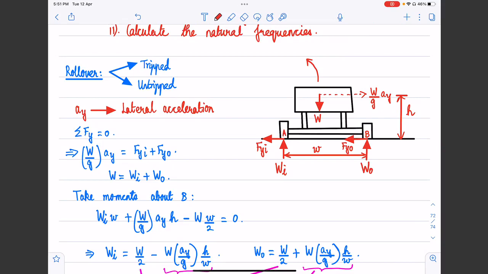This T by 2H ratio is very commonly used, but I wanted to convey that this particular ratio is obtained under these approximations. We are going to lump the entire vehicle as one mass. We are not going to consider suspension deflection and so on. We are only going to consider what happens when the vehicle rolls as one unit. So that's what our focus is here.